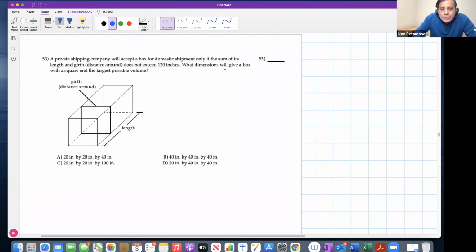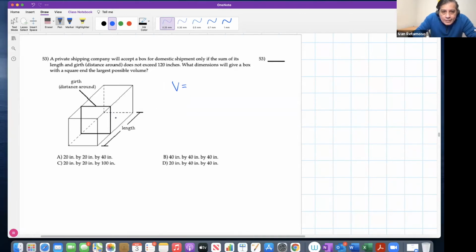What dimensions will give a box with a square base the largest possible volume? So we are supposed to maximize the volume, which we are going to represent with V.